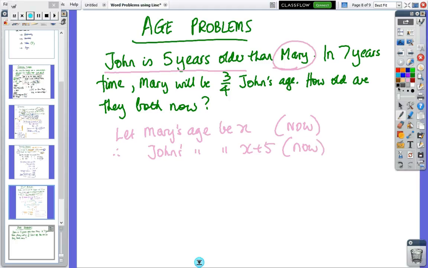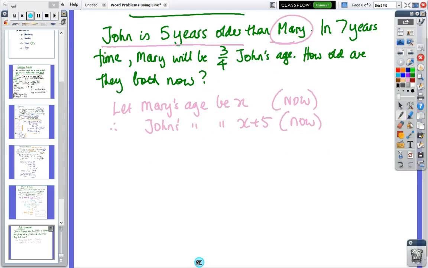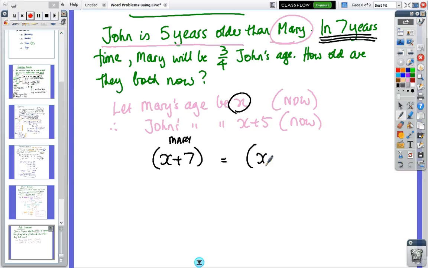Now, the harder part is getting the equation. In 7 years' time, if Mary is x now, in 7 years' time she will be x plus 7. And don't write this down till you see how I'm going to set it out.